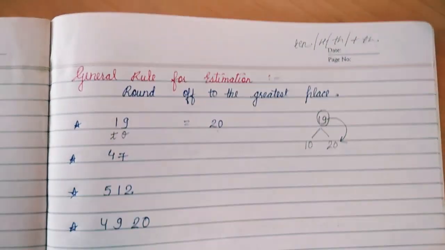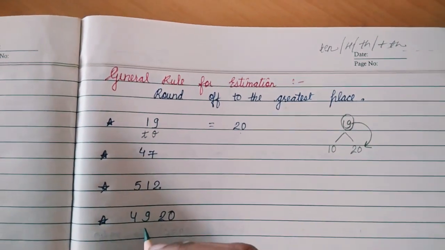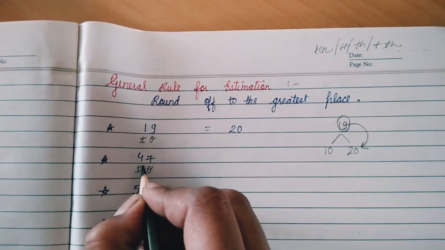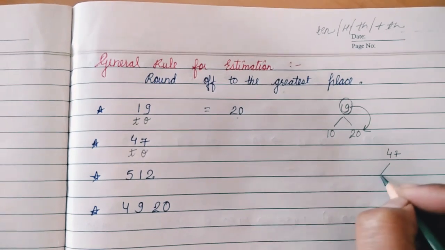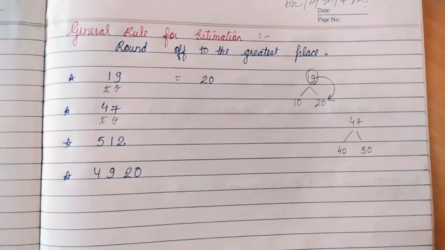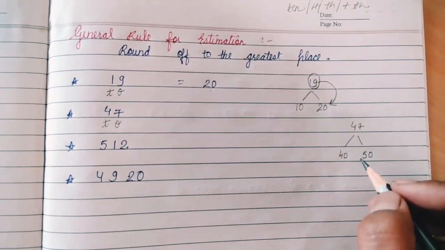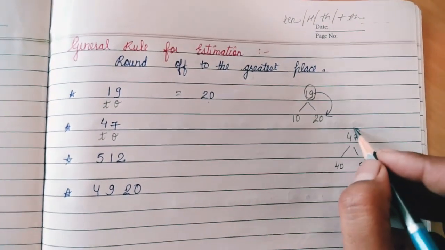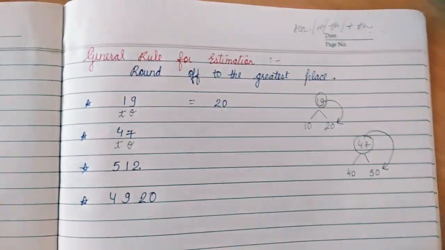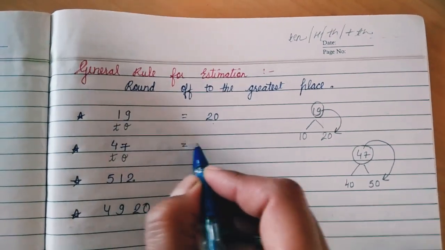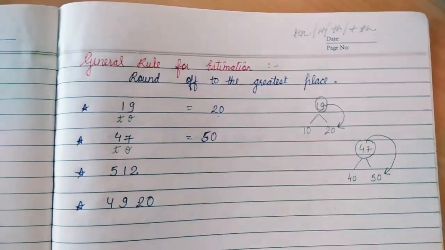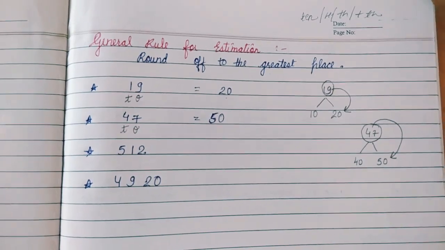Then we have 47. Its greatest place is tens. So 47 is coming in between 40 and 50. Where is 47 nearest? Yes, 47 is nearest to 50. So 47 will change into 50.